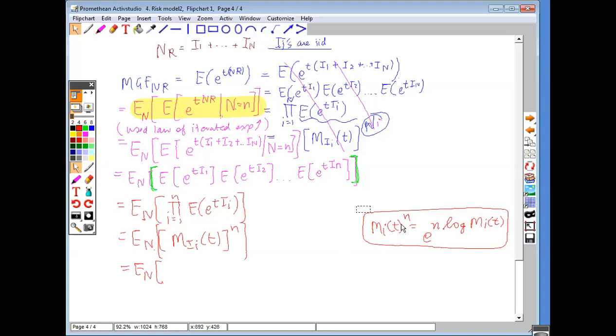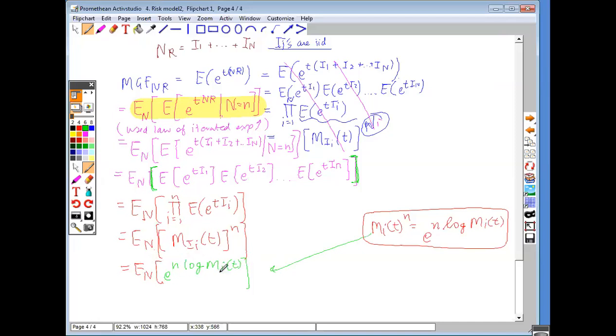So I'm going to use that fact. Maybe I can put it in a different color. Okay. So what I have here is, I'm going to use this fact here. And what I'll have in here will be e raised to n log of MIT, right?